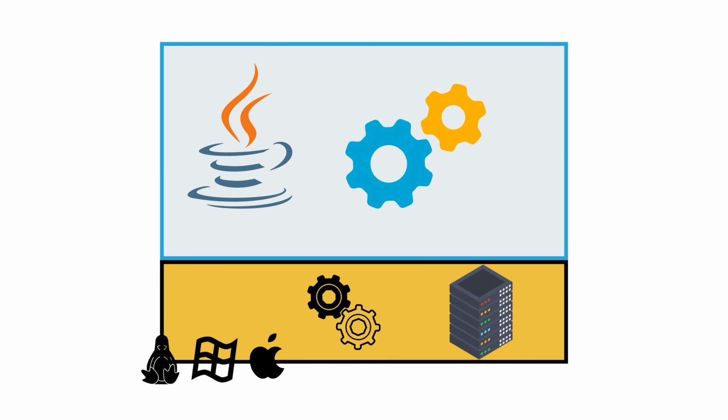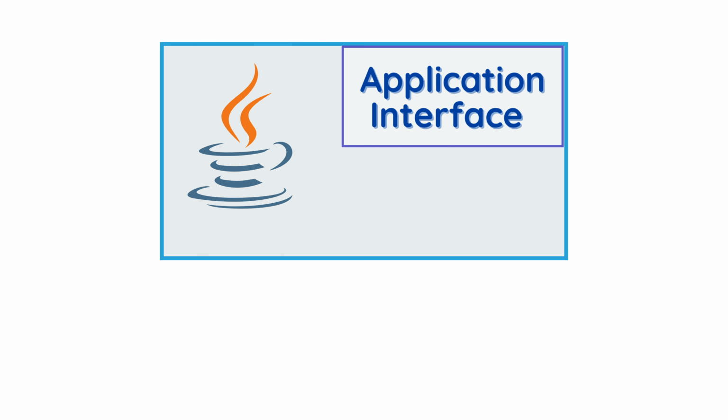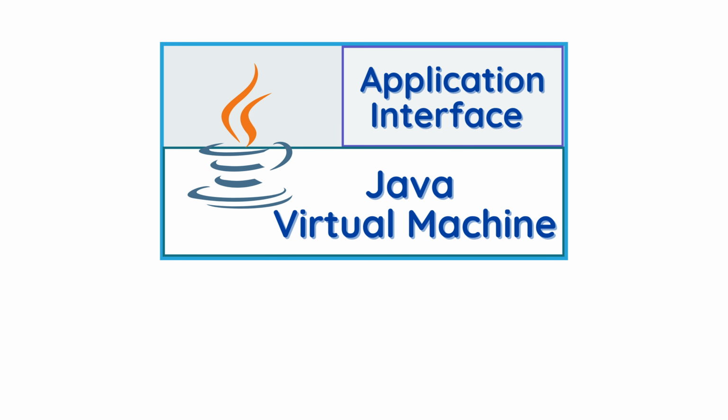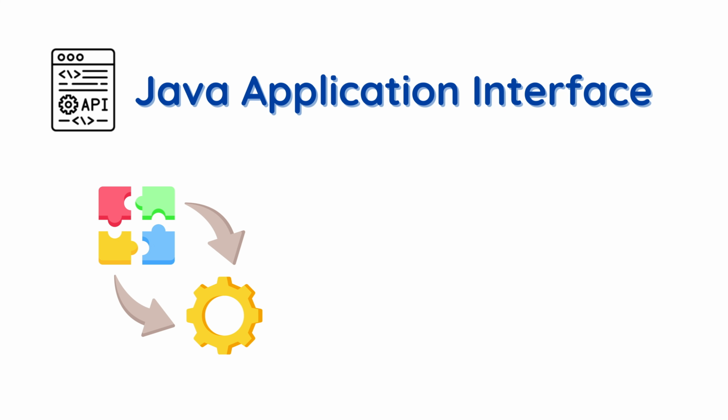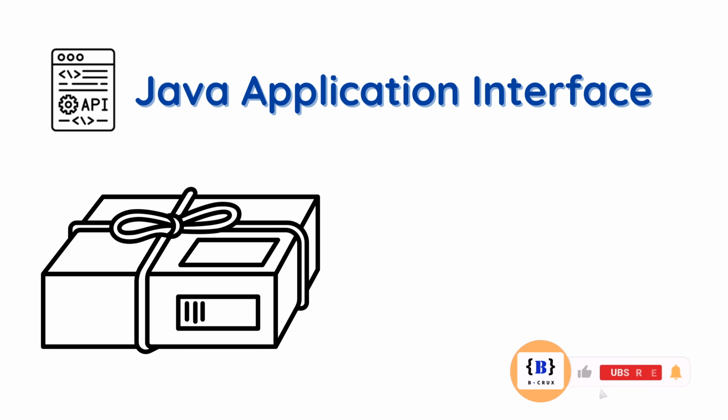The Java platform has two key components: the Java Application Programming Interface and the Java Virtual Machine. The Java API is a collection of pre-built software components that are grouped into libraries called packages. These packages make it easier to build programs by providing ready-made tools.